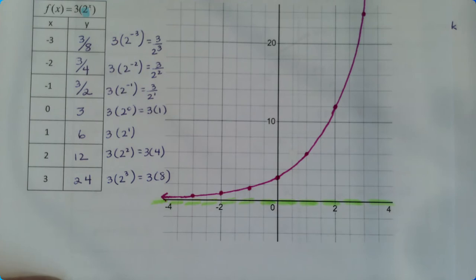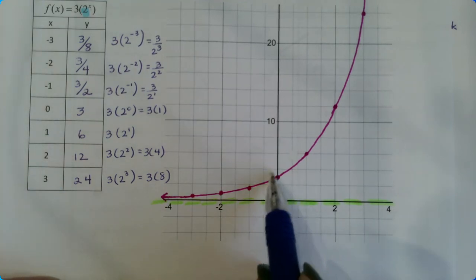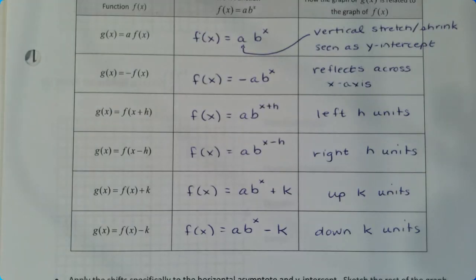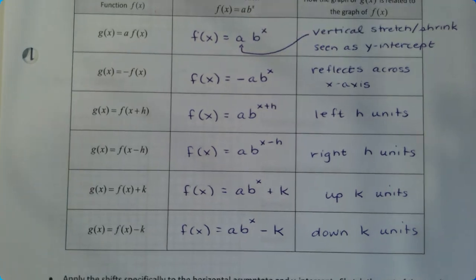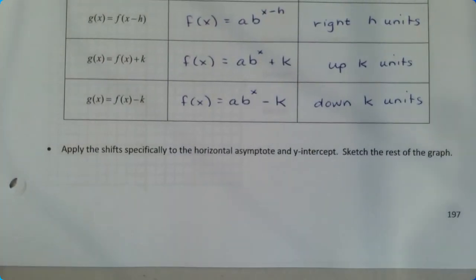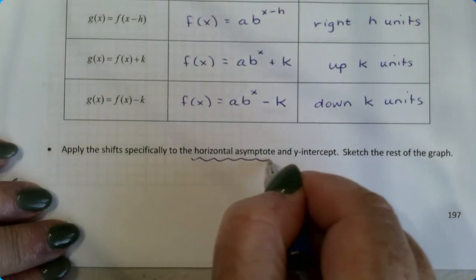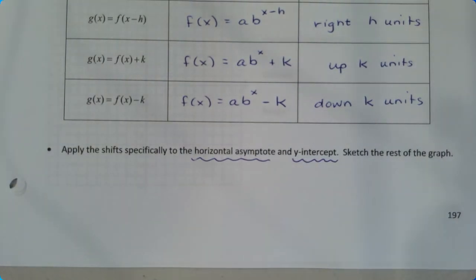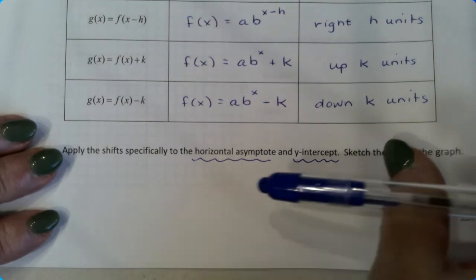The second thing I'll usually shift is the y-intercept because it's a point that I can locate easily. So when I go to graph these things by our transformations of graphs, I'm going to shift the horizontal asymptote, I'm going to shift the y-intercept, and then I'm just going to sketch the rest of the graph around those two things. So let's try a couple.